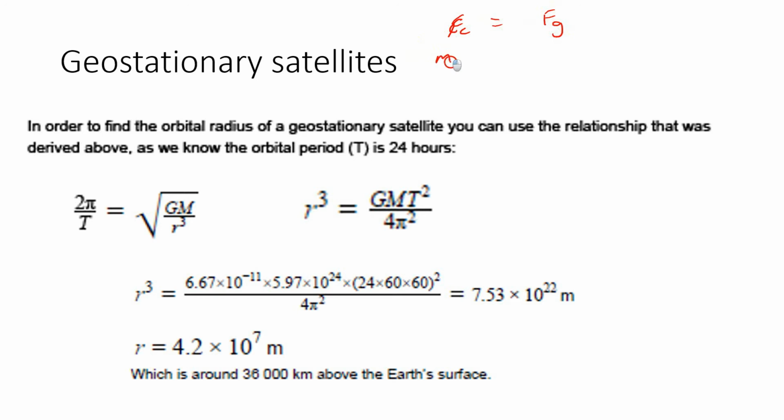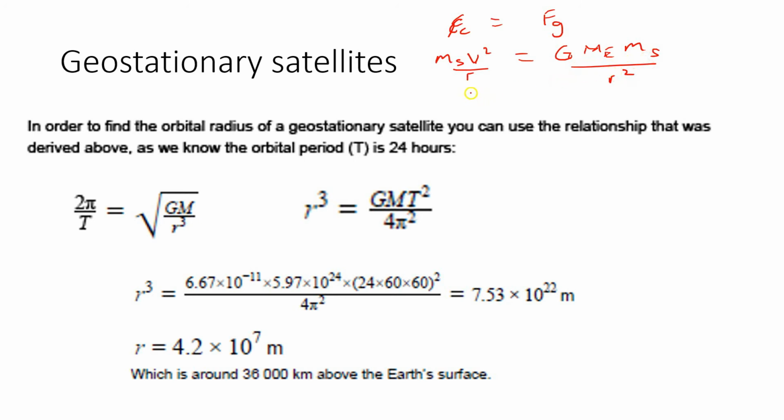And we know that the centripetal force is the mass of the satellite times v squared divided by r, and that is equal to the universal gravity constant times the mass of the Earth times the mass of the satellite divided by r squared.